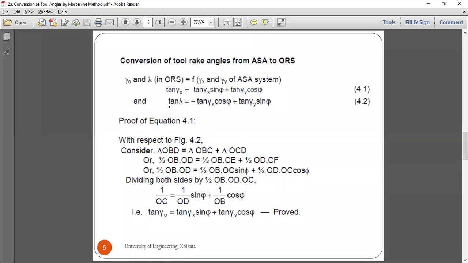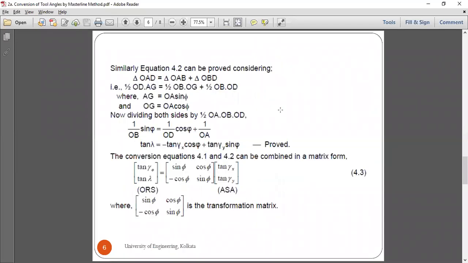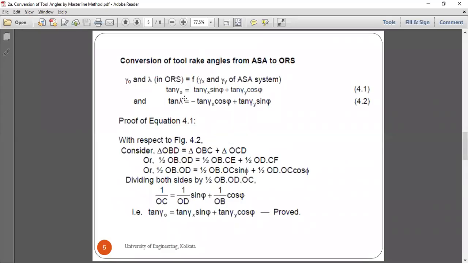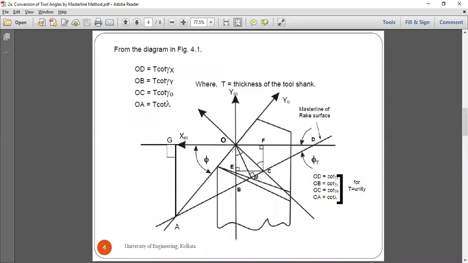Similarly, you can prove that tan lambda equals minus tan gamma x cos phi plus tan gamma y sin phi. So for that, let us go to the same figure, figure 4.2. Now, this is lambda, gamma x and gamma y. Which line should I take?